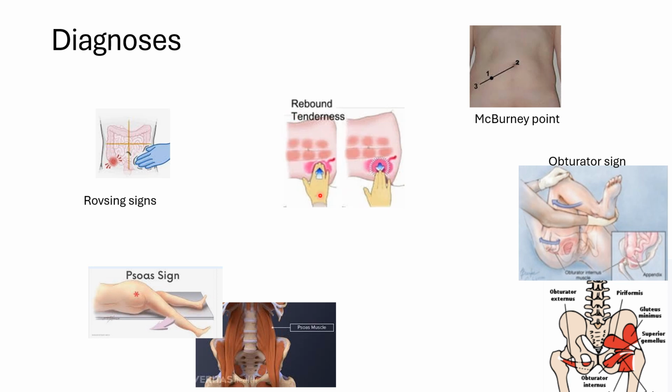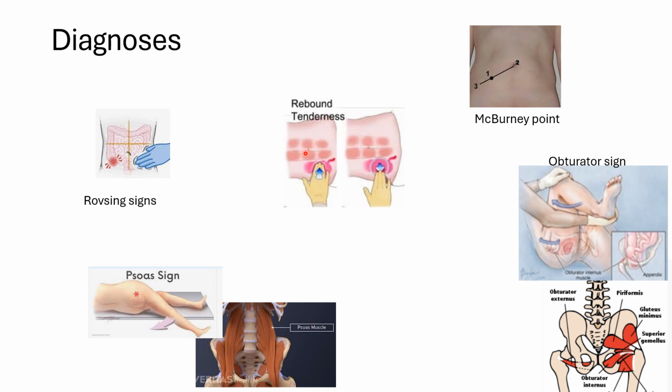Another thing that you can check in your patient is known as rebound tenderness. So what is rebound tenderness? When you are examining the patient, you push on the side where the patient has pain, and usually when you release, the patient expresses more pain during the release than while you're putting pressure on it.